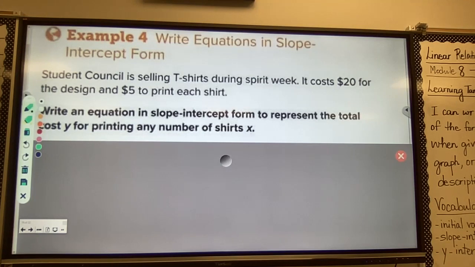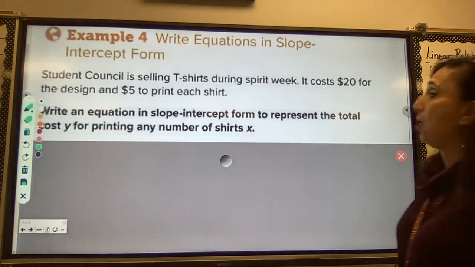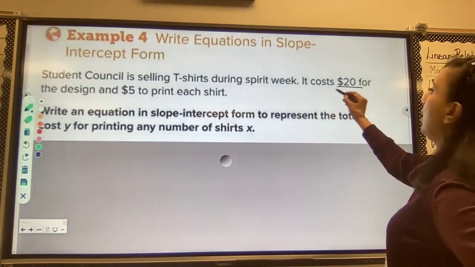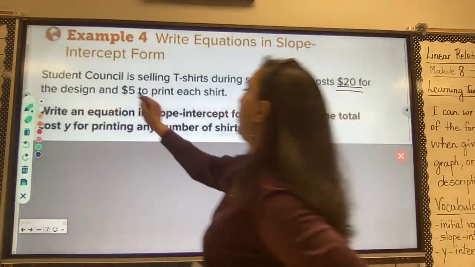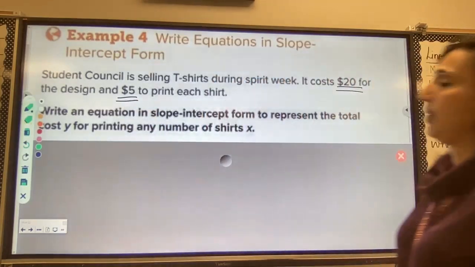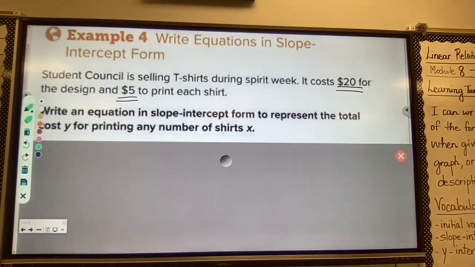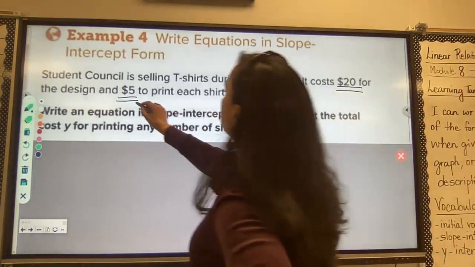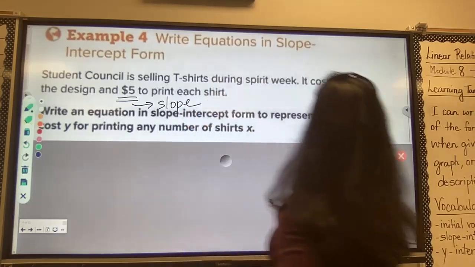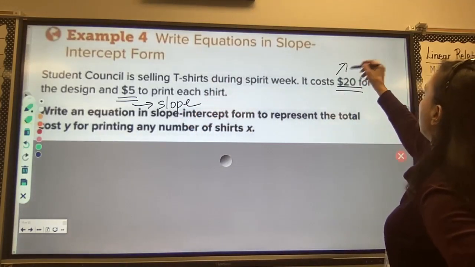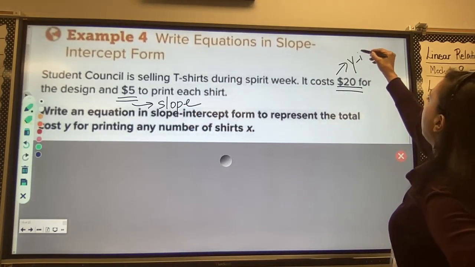So the one-time charge for the design is how much? It is $20, right? And this is for each shirt, this is going to be representing the slope. So the slope is $5. This is your slope, and this is your one time, this is your y-intercept.